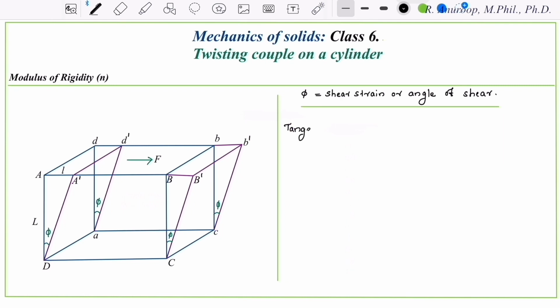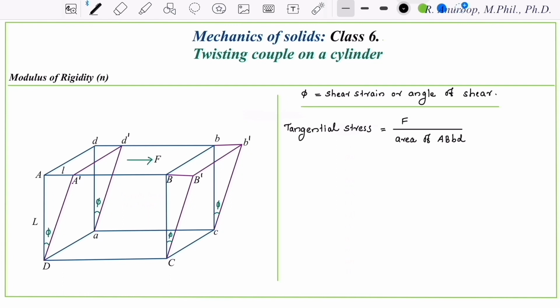Now what is the tangential stress? We have applied a tangential force on the upper face. So there is a tangential stress. What is the expression for this tangential stress? It is the force per area of the upper face, because we have applied a force on the upper face of the cube.